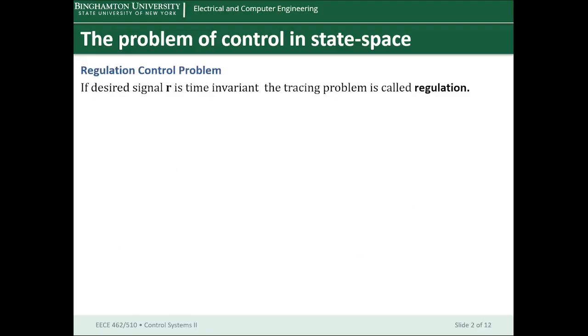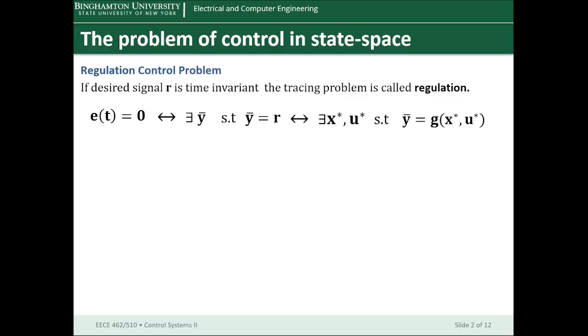A special case of the tracking problem is the regulation problem. If the desired signal r(t) is fixed or time invariant, then the tracking problem is called regulation. In this case, when e of t is equal to 0, the nominal output is time invariant, and there exist a time invariant state and input.